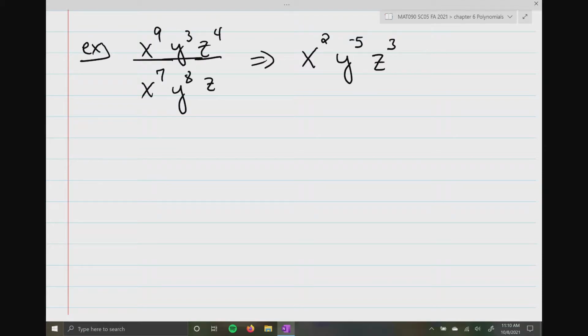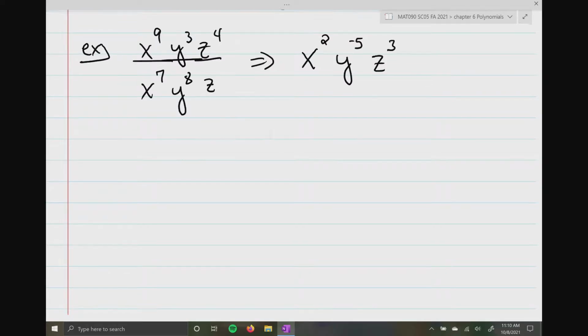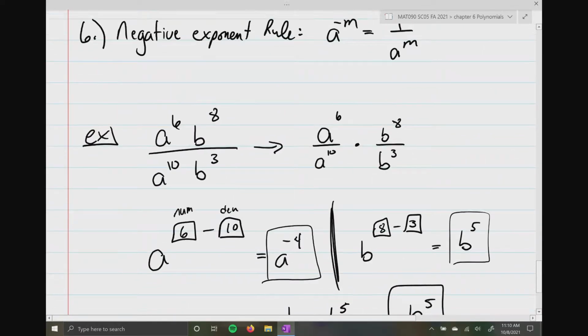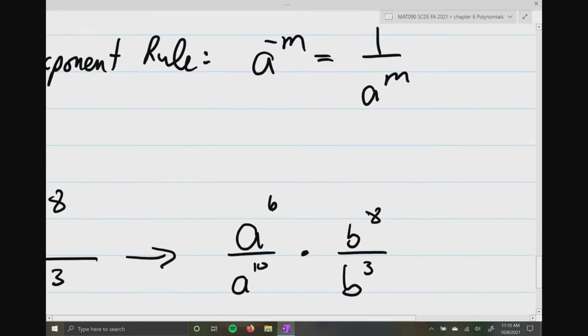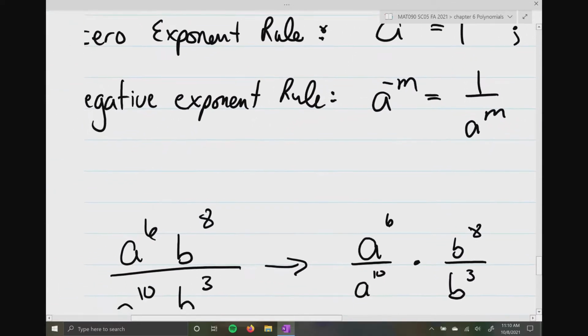Now, I want to write my answer with positive exponents only, so that y to the 5th is going to have to go down in the denominator. Because remember, that negative exponent rule, I'm going to scroll back up to the negative exponent rule real quick. Here it is right here at the very top of your screen.